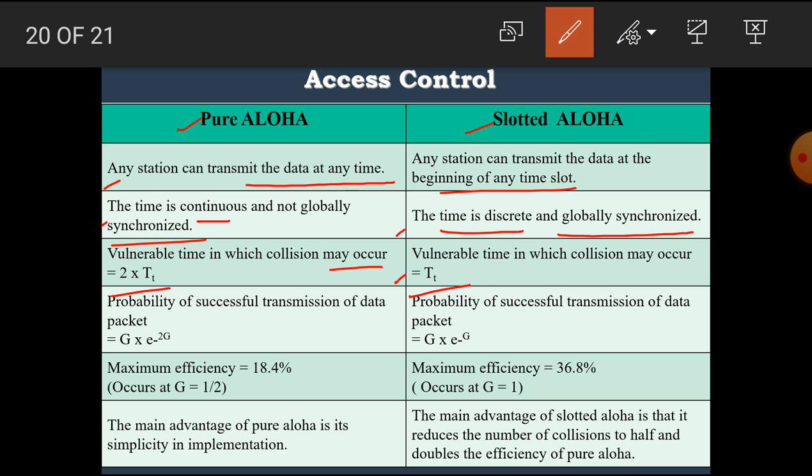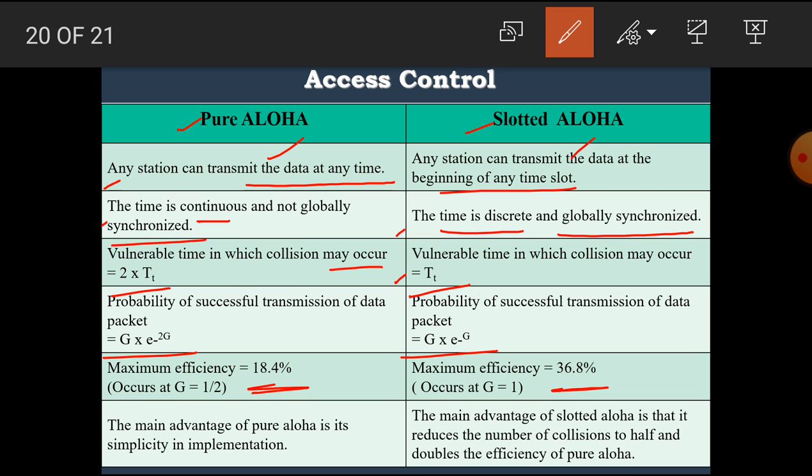In pure ALOHA, the probability of successful transmission of a data packet is equal to G into e raised to minus 2G, whereas in slotted ALOHA, the probability of successful transmission of a data packet is equal to G into e raised to minus G. The maximum efficiency in pure ALOHA is 18.4% and the maximum efficiency in slotted ALOHA is 36.8%.